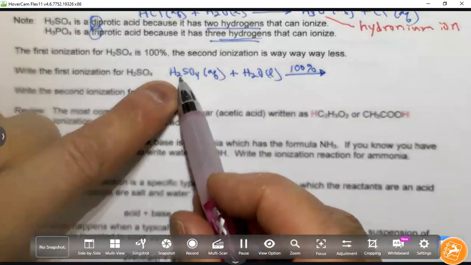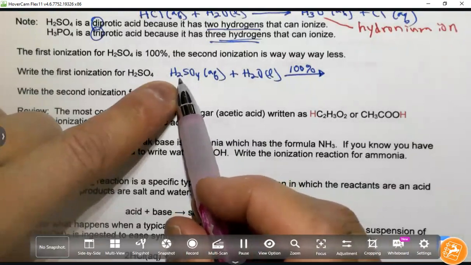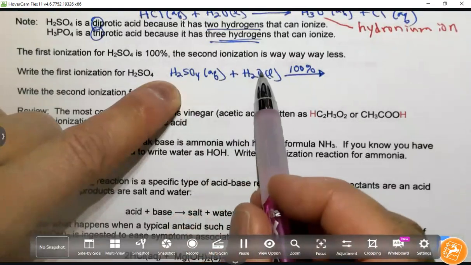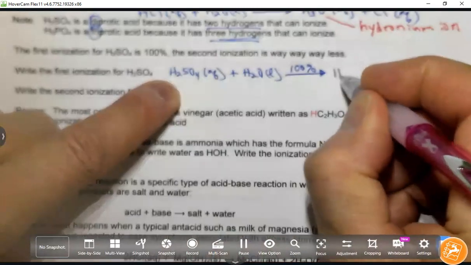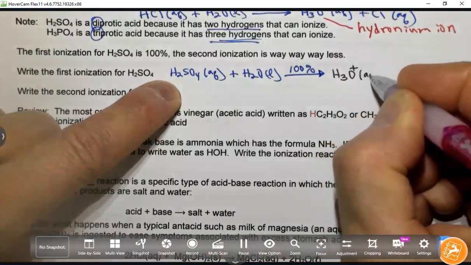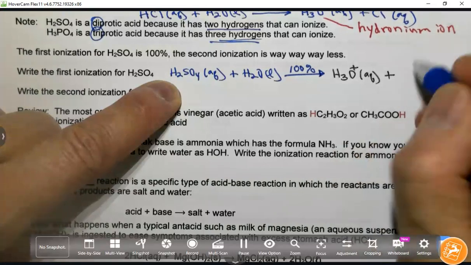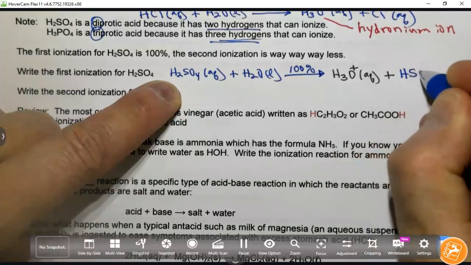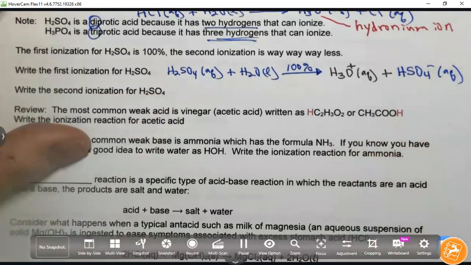So remember, this is coming off as an H plus, a proton. It's going to attach itself to neutral water. So we are going to get H3O plus aqueous plus HSO4 minus aqueous.